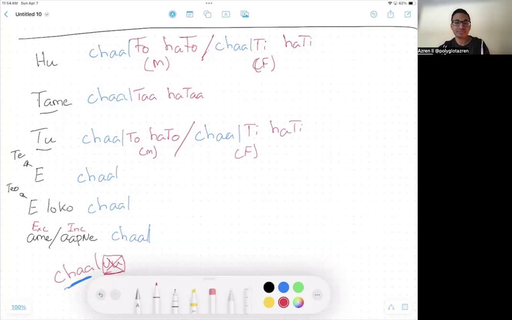For he and she, we're going to have three options, and just for time's sake, I'll number them off. Option one, e chal to hato, for masculine. Option two, e chal ti hati, if it's a she that you're talking about. Option three, e chal ta hata, if the he or she you're talking about is someone you're trying to be more polite to. So this is for masculine, this is for feminine, this is for polite.